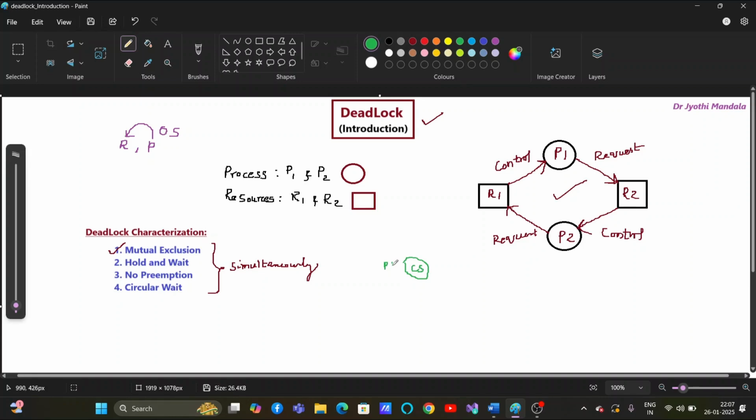If one process is using the shared resource, another process will be blocked from using this critical section. That means only one process can make use of one resource at a time. Right? That means resources are not shareable. If the resource is under the control of P1, another process P2 can't use this resource.